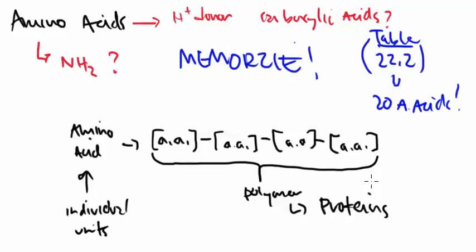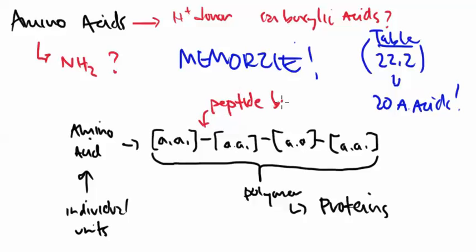These bonds are very important. Just like with the sugars, we called them glycosidic bonds, right? So these were the bonds that connected the two sugars together. The same thing happens here with amino acids. We have a very special name for the bond that makes these amino acids hook up. These are called peptide bonds.